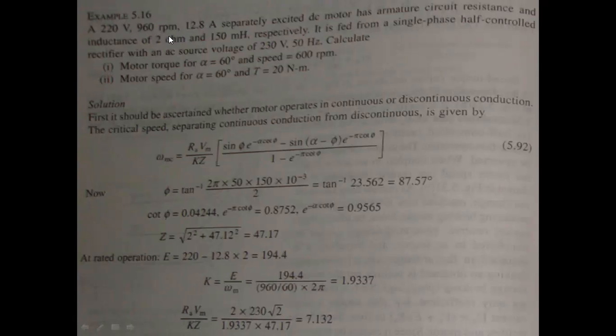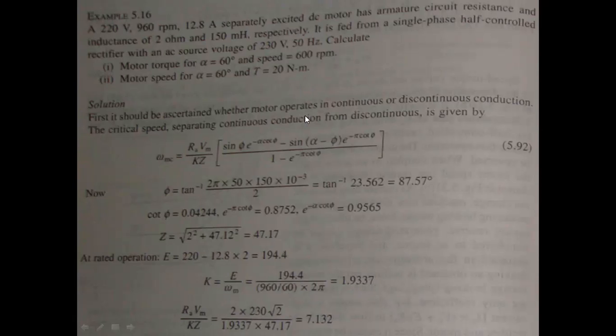So 194.4 by 960 by 60 into 2 pi becomes 1.9337, the K value.